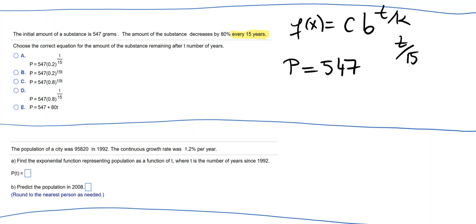It says that it decreases by 80%. So how do I show that in the decay factor? I don't put 80% in here, because if I put 80% in here, that means a 20% decrease. So I need to put b is 0.2.